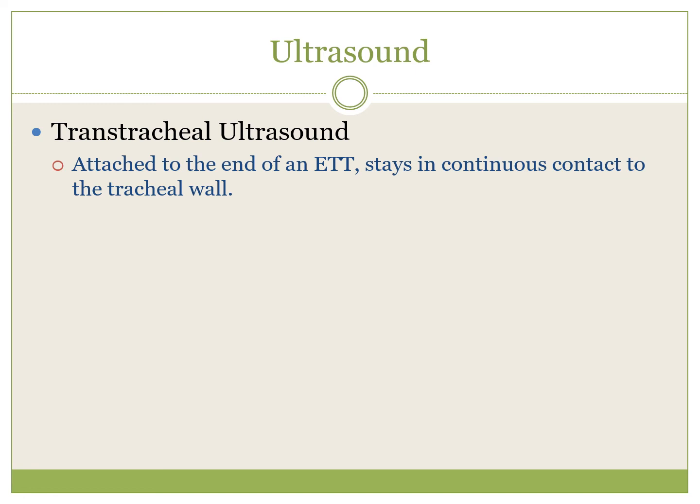Tracheal ultrasound is attached to the end of an ET tube and stays in continuous contact with the tracheal wall, and it can provide measures of flow that can correlate with stroke volume. This is good for trending, to see how it's trending.